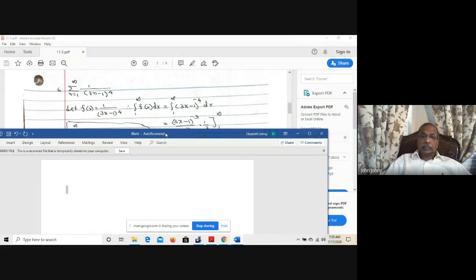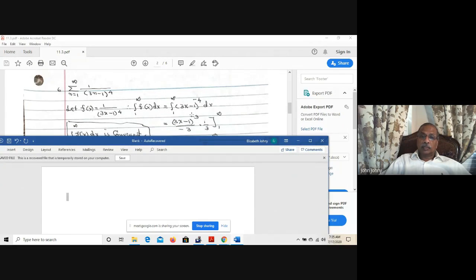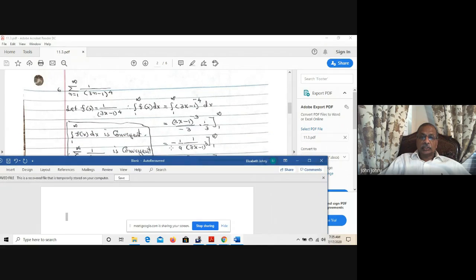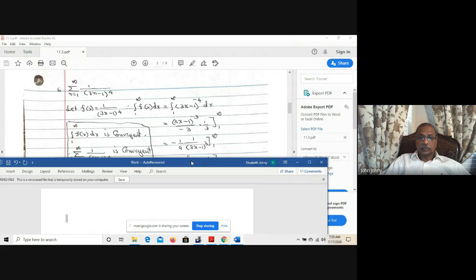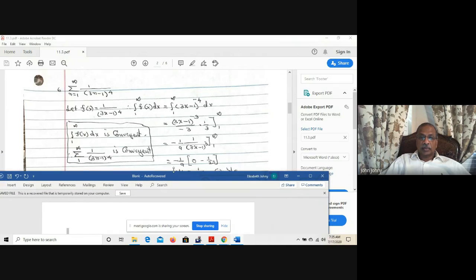That is equal to (3x minus 1) to the negative 3 over negative 3, power rule. Multiply that by 1 over 3, because the coefficient of x is 3. Now substitute the limits: negative 1 over 9 times 1 over (3x minus 1) cubed, from 1 to infinity. That is negative 1 over 9 times 1 over infinity, that is 0, minus 1 over 2 cubed, when x is equal to 1: 3 times 1 minus 1, which is 2 cubed.